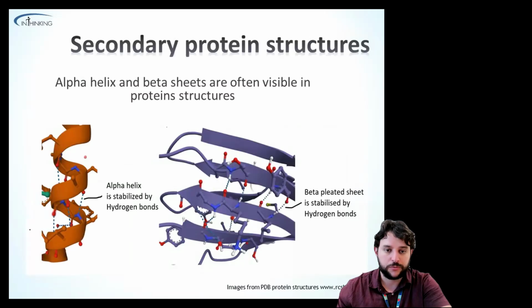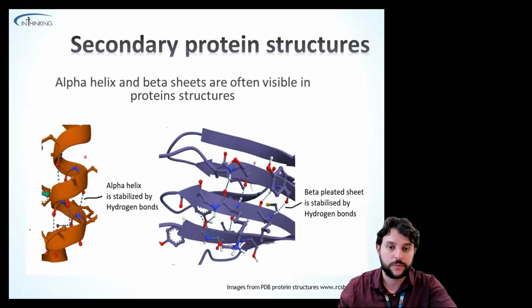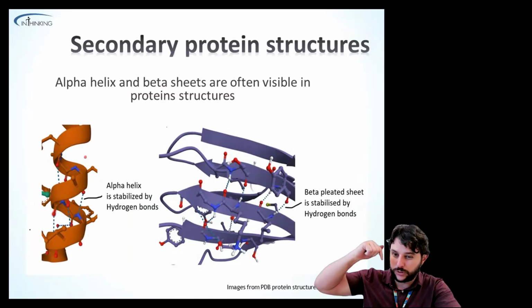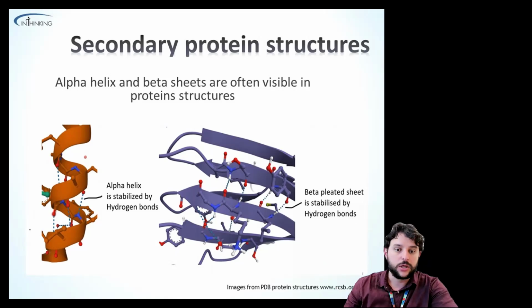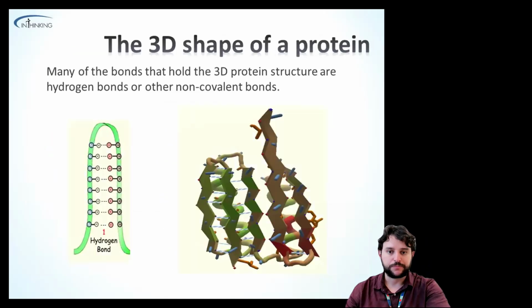Now let's talk about the structure of proteins. The first structure we're going to see is the lineage, is the line of amino acids, the sequence of amino acids. As you combine the sequence of amino acids with one another, you form a secondary structure. Okay, when you fold the line of amino acids on one another, you can have two main types: the alpha helixes that are stabilized by hydrogen bonds, or the beta pleated sheets that form these barrels, these parallel structures, and they're also stabilized by hydrogen bonds.